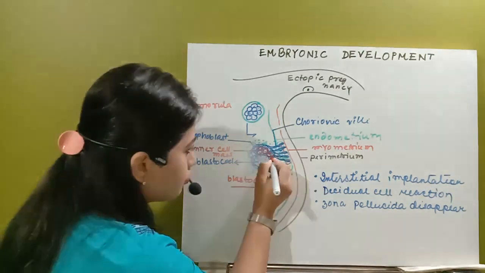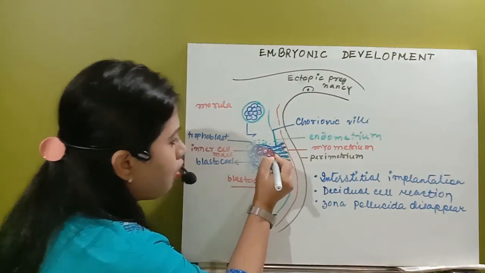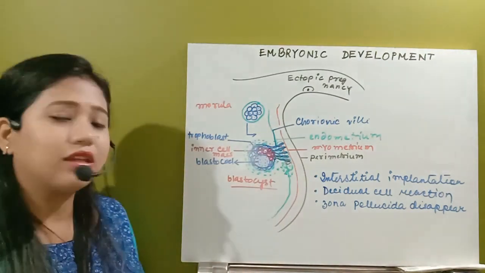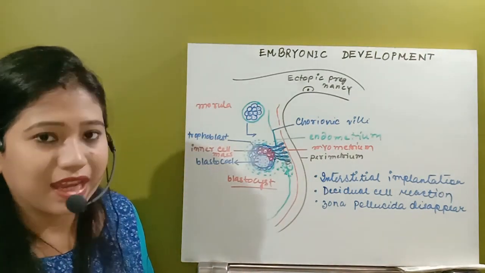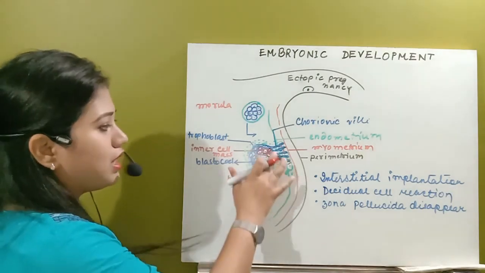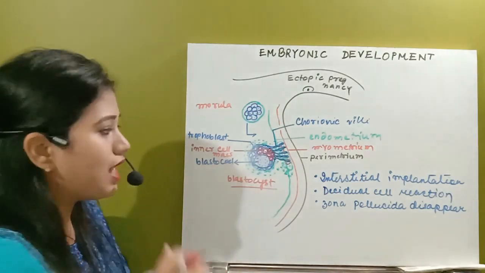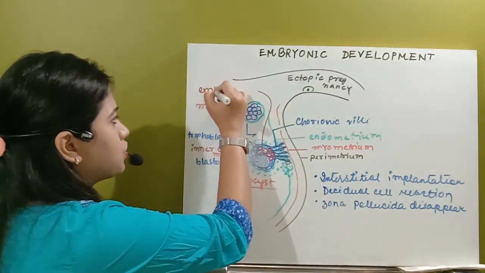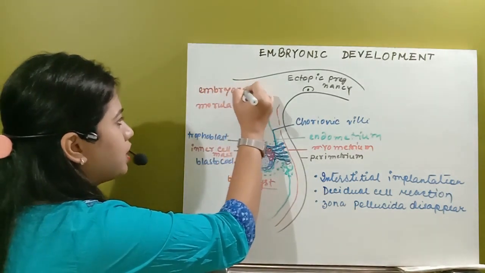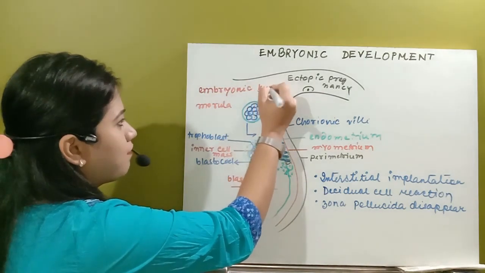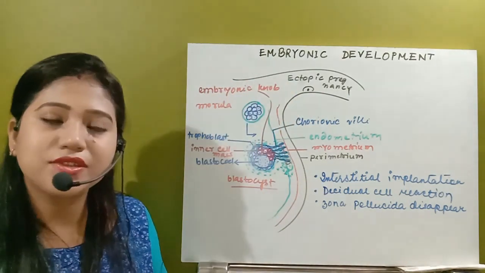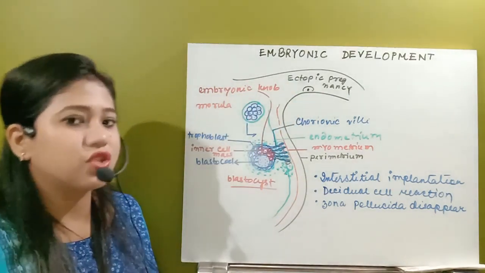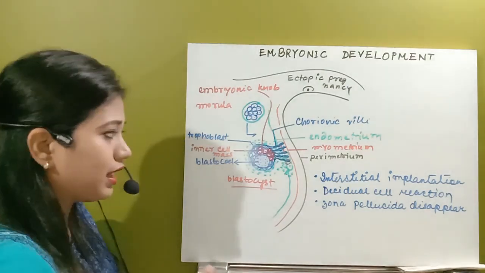So you can see wherever the inner cell mass is present, only from that region the implantation takes place. Wherever the inner cell mass is present, that is known as the embryonic knob. So wherever this embryonic knob is present, only from that region implantation will take place.